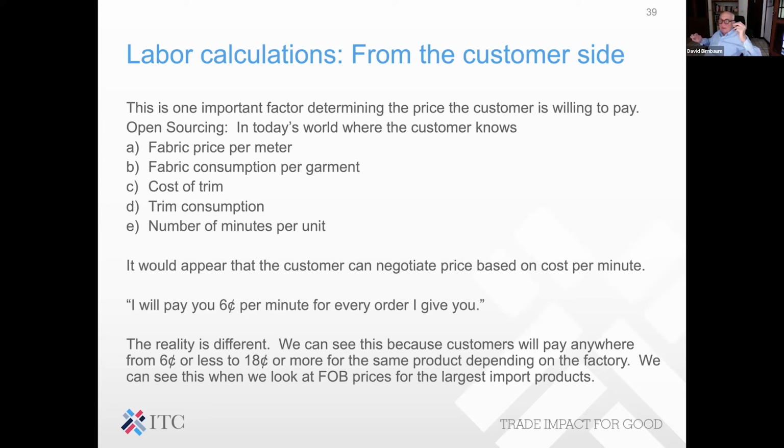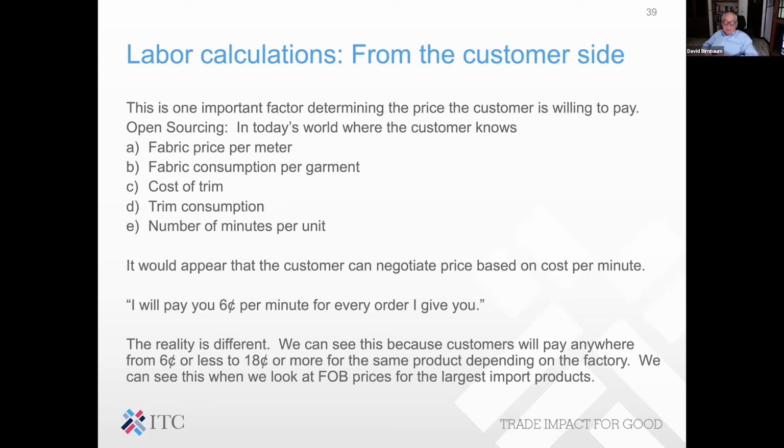So if they know that all that matters is the CM, the customer doesn't have to negotiate with the factory on the FOB price of the order. They have to negotiate on the number of minutes the factory requires to produce the goods and what they will pay. And so this came to open sourcing, and the customer said, I'm going to pay you 6 cents for every order.